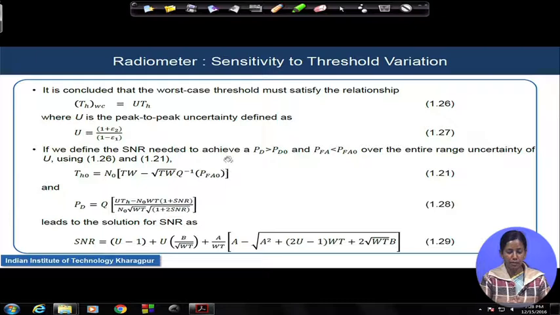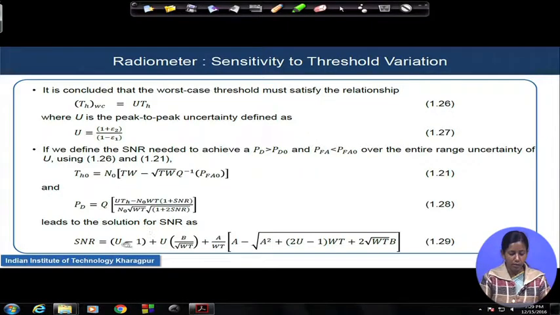If we define the signal to noise ratio needed to achieve a detection probability which is greater than the actual detection probability, or a false alarm probability which is less than the ideal false alarm probability, over the entire range of uncertainty u, then using 1.26 and the earlier equation we have seen for the ideal threshold selection, we can get the detection probability by substituting u into TH, simply replacing TH with u times TH for the worst case probability.